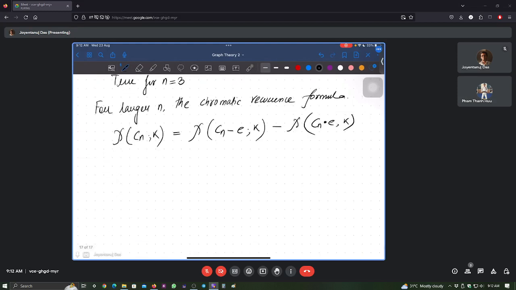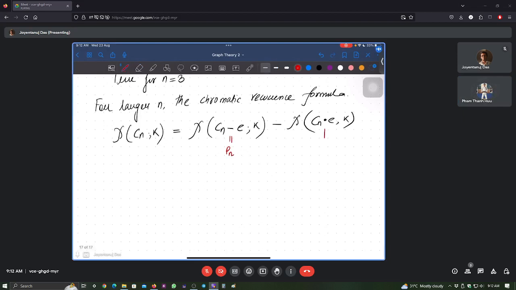Now we have to identify what these graphs are. If we delete one edge, then this is a path, and the number of vertices remains the same. If we contract, it becomes a cycle, but the size becomes n minus one.